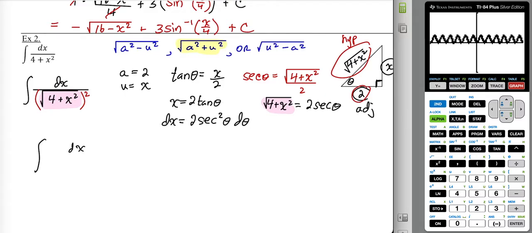So I have dx over 2 secant theta squared. Then what I'm going to do is replace my dx with a 2 secant squared theta d theta.